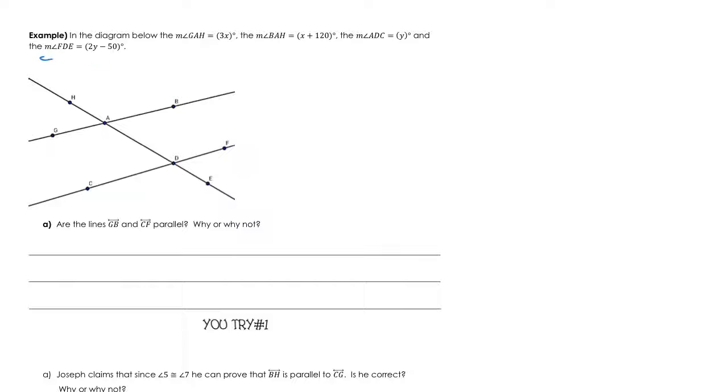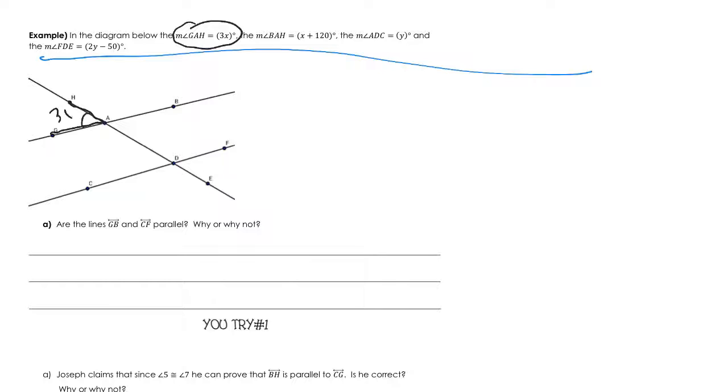So it says in the diagram below, angle 3 or angle GAH is 3x. BAH, the one right next to it, is x plus 120.